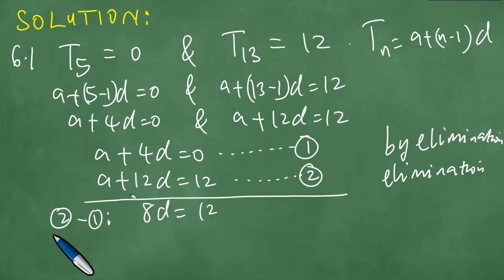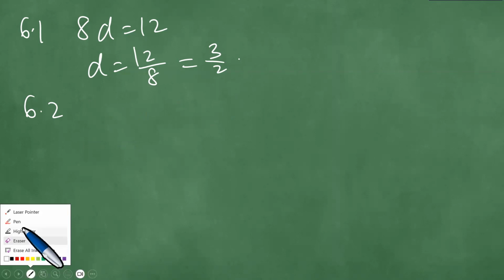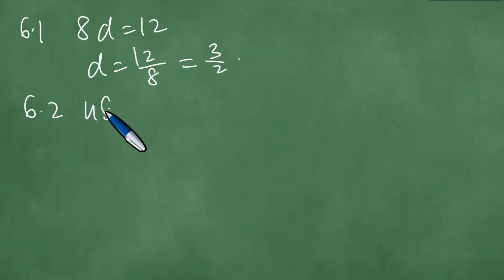You already have these equations. We can use an equation from above, like a plus 4d is 0.